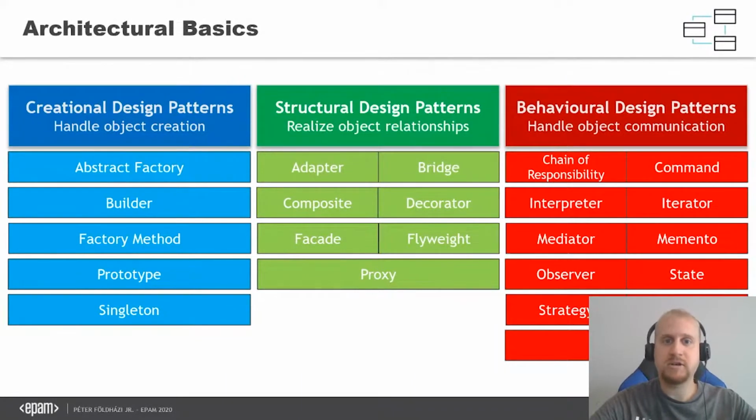There are creational, structural, and behavioral design patterns. I think for test automation engineers, it's mostly the creational design patterns that will be useful and which we use in our daily work mostly. Structural again is very useful: adapter, facade, and proxy.